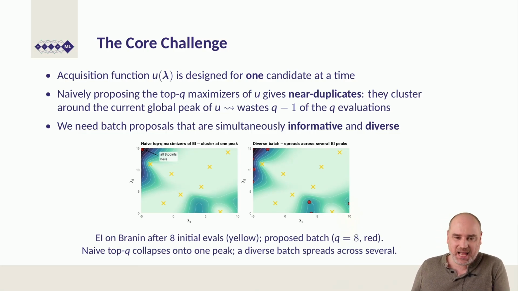So if we, for example, naively optimize this and then from the optimization trace propose the top Q maximizers of this acquisition function U, it should be kind of obvious that this will produce near duplicates, right? They cluster around the current global peak of U that we have found, and this pretty much wastes all of the evaluations except for one.